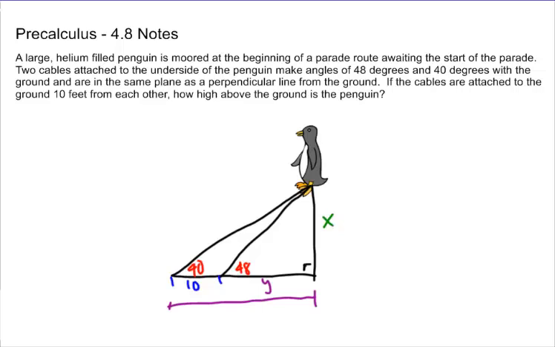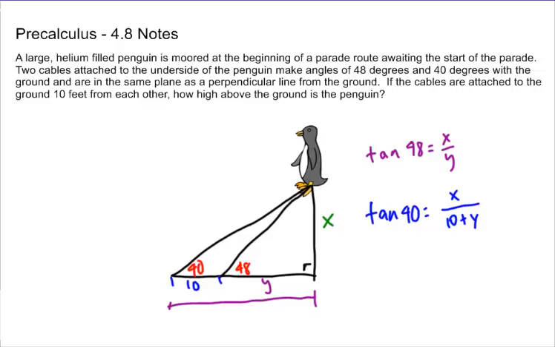Well, the tangent of 48 degrees is equal to opposite over adjacent, so x over y. So we could work with that part, and then look at the other side, the whole thing. The tangent of 40 is equal to the opposite side over the adjacent side, which in this case is 10 plus y.